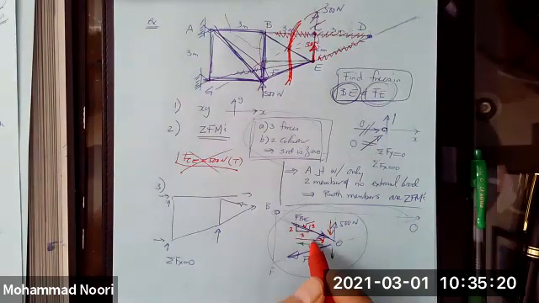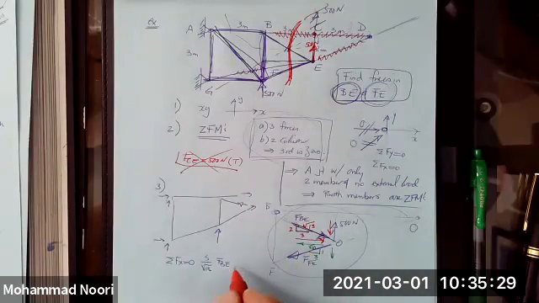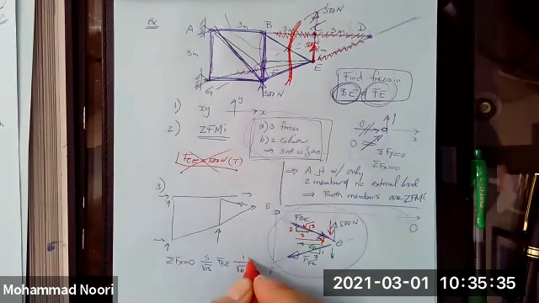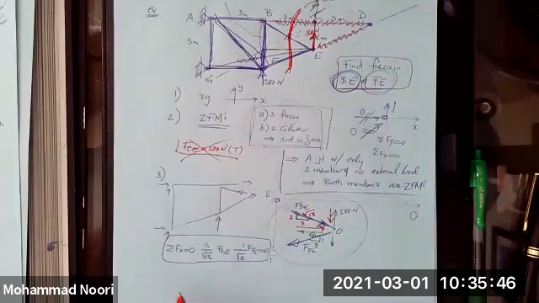You have this one, which is 3 over square root 13 F of BE. This one is negative 1 over square root 10 of F of FE, equal to 0.